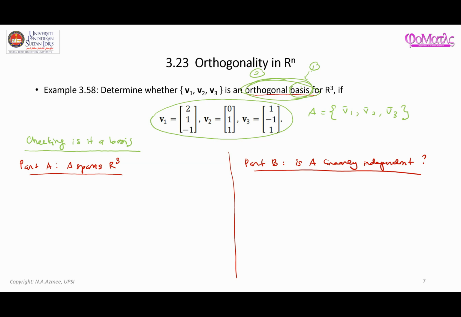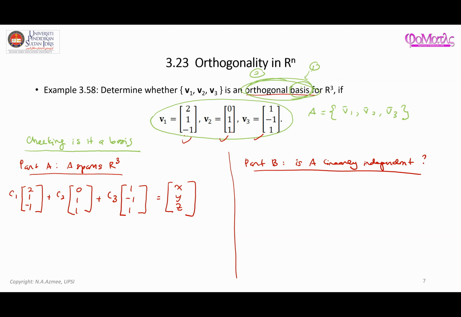So there are two things that you need to demonstrate. The starting point is to consider the linear combination of all these vectors. So we can have C1 times the vector (2, 1, -1), plus C2 times (0, 1, 1), plus C3 times (1, -1, 1), and it has to equal something we don't know, so I'm just going to call it (X, Y, Z).